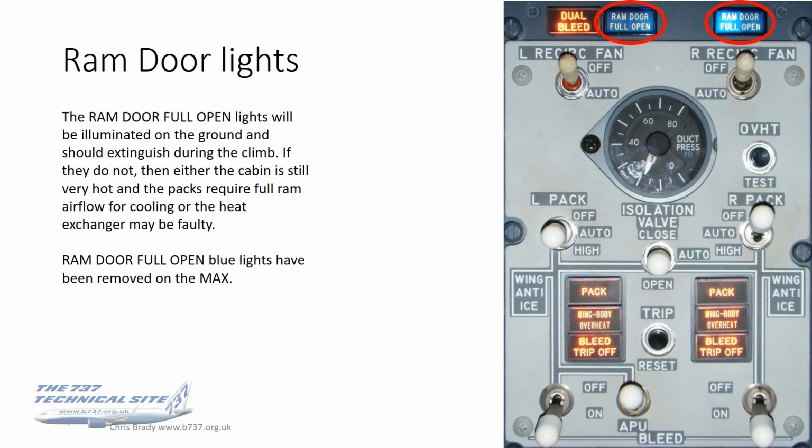If they don't, then all that means is that the cabin's still very hot, and the packs are still demanding full ram airflow for cooling. If the cabin isn't hot and it's been a while since you got airborne, then it's quite possible that the heat exchanger may be faulty.